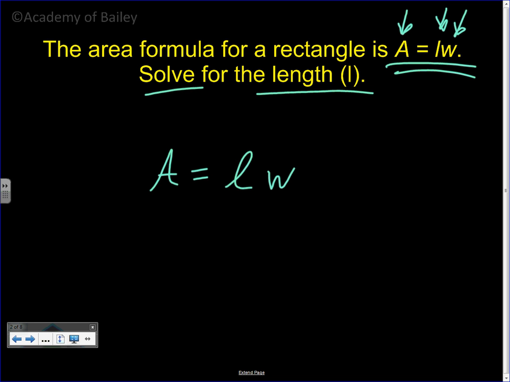Well, how do we get L by itself? We know L is on the right side of the equal sign. And what is happening between L and W? That is multiplication. So what's the opposite of multiplying? That would be division. And what are we multiplying L by? We're multiplying L by W. So then we should divide both sides by W. And we know from our number sense on fractions that W divided by W will cancel out, leaving us with 1.